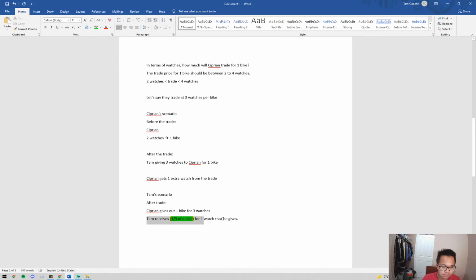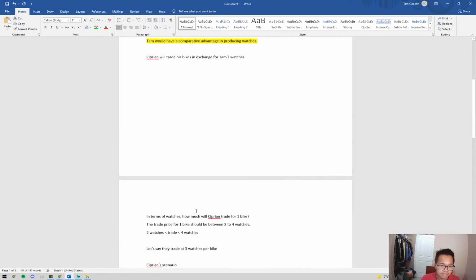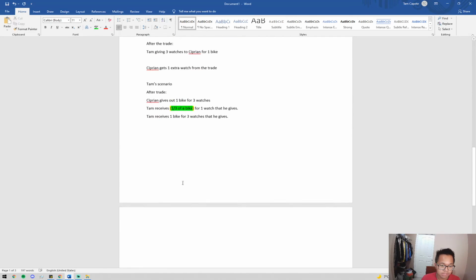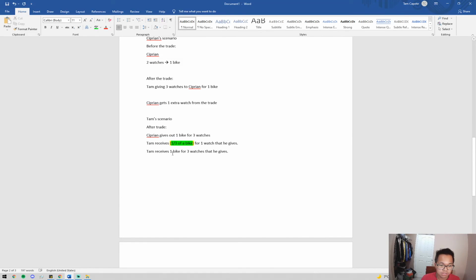Basically, another way of saying this is that Tam receives 1 bike for the 3 watches that he gives, and this scenario is better than this scenario right here, because in 4 watches he can only get 1 bike, but here it's better for him because in 3 watches he can get 1 bike.